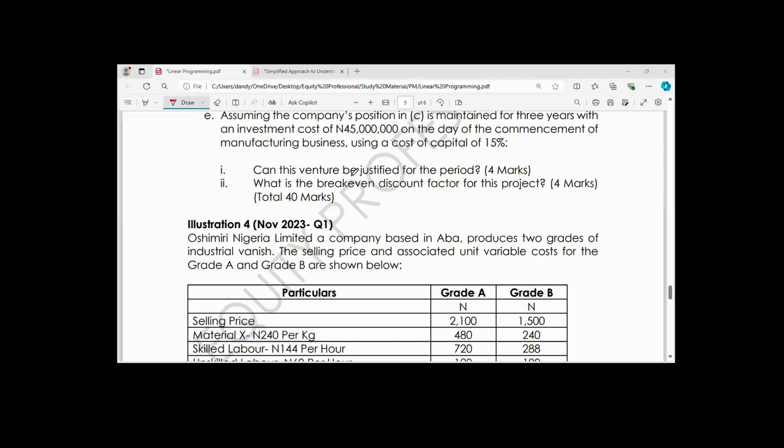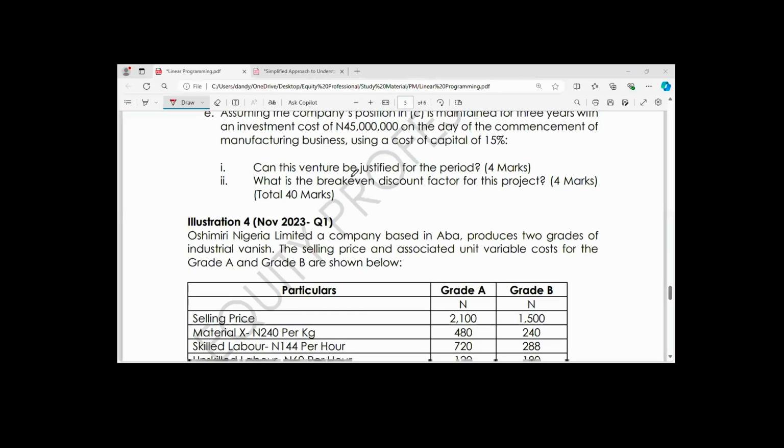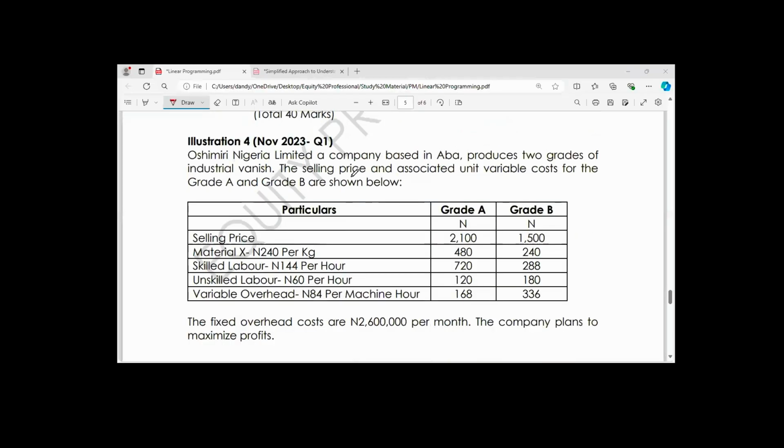Okay, somebody should read. Who will help us to read? Oshimiri Nigeria Limited, a company based in Aba, produces 2 grades of industrial varnish.